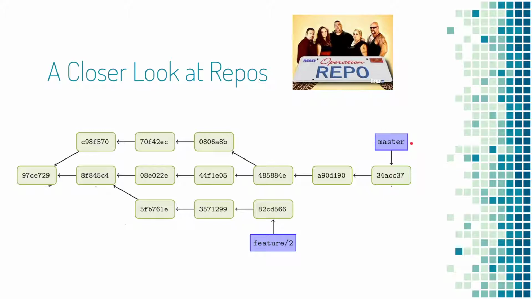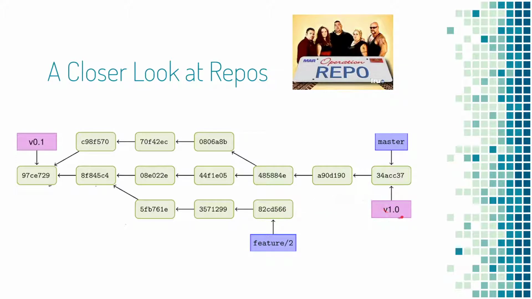Traditionally, it's still called master, so that's just what I go with. And then here we've got a branch called feature 2. Essentially, all a branch is, is a name that points to a commit.